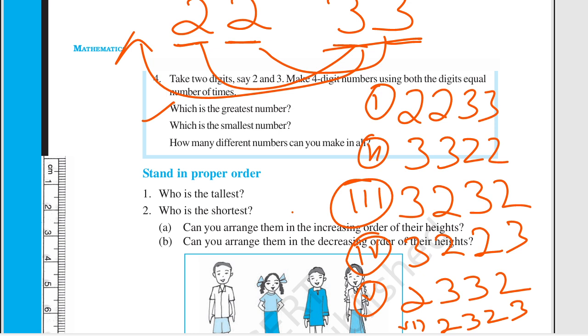Okay, so these are the 6 ways we can write these numbers. These are the only 6 ways we can make numbers using the digits 2 and 3. I hope you guys have understood.